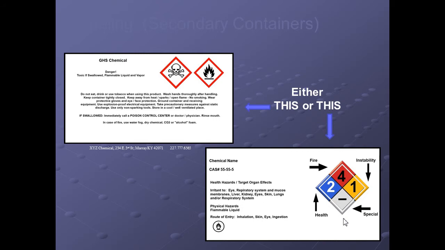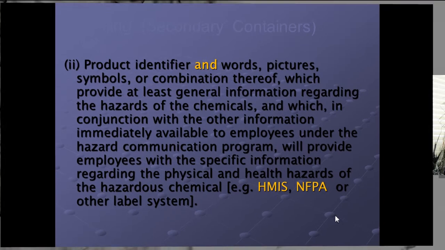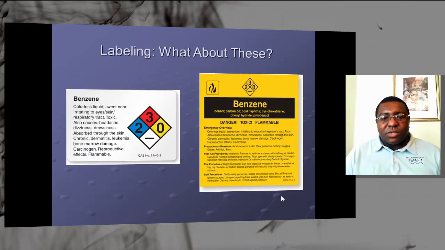Now, where it says either this or this on the slide, it means as a secondary container, your place of employment has the choice of choosing one of those 2 labels. You can have the GHS label or the other label. But going back to this slide, you'll have to make sure the employees are provided specific information regarding the health hazards or the physical hazards associated with the chemical. So either one of those labels you got to use.